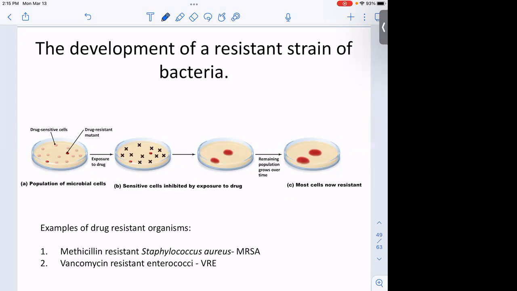So a little bit about what we do understand. How do bacteria become resistant? Maybe in a population of bacteria, of course, bacteria reproduce really quickly.